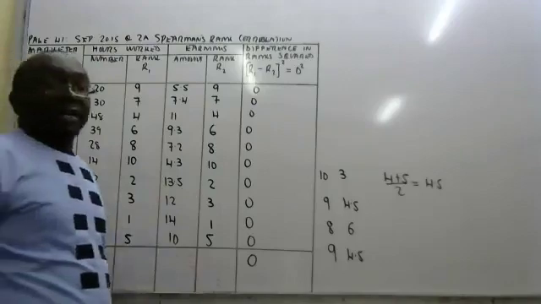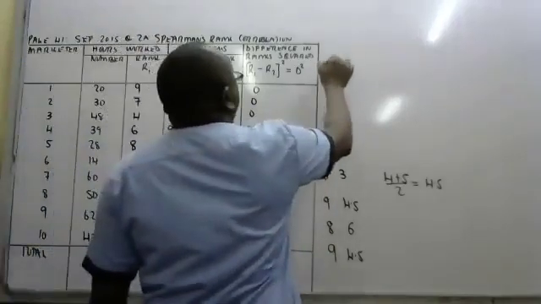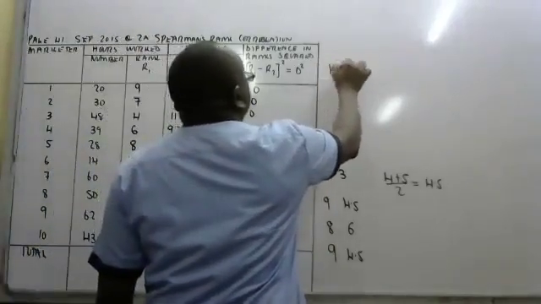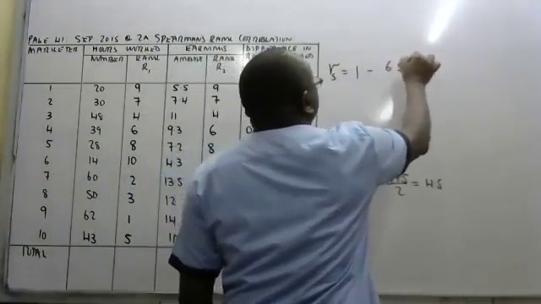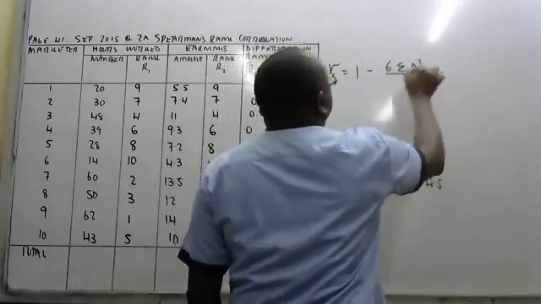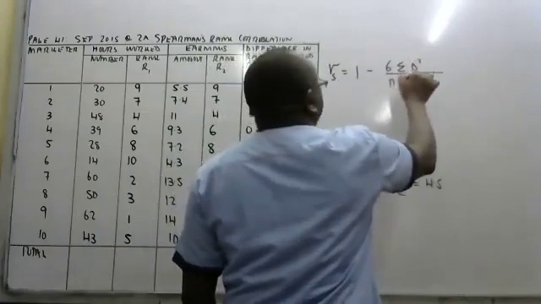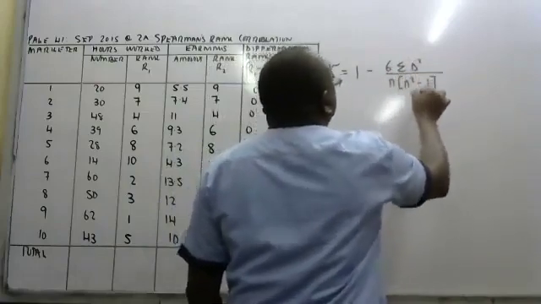So after you have done that, the next thing now is to tell us RS is equal to 1 minus 6 sum of d squared, you divide by n brackets n squared minus 1.